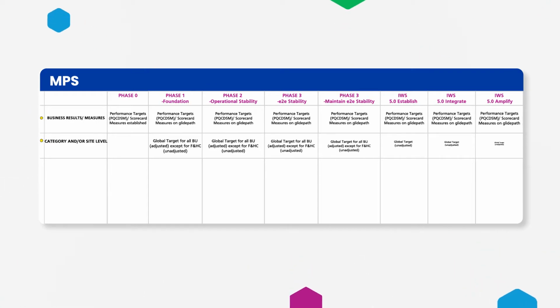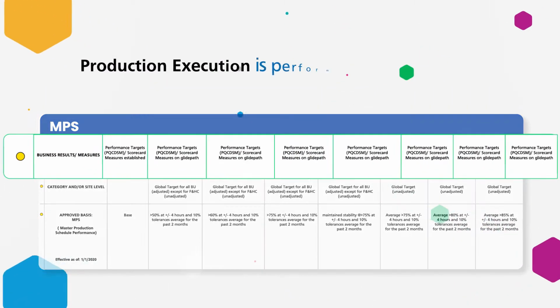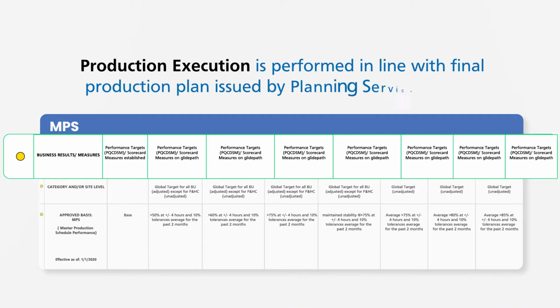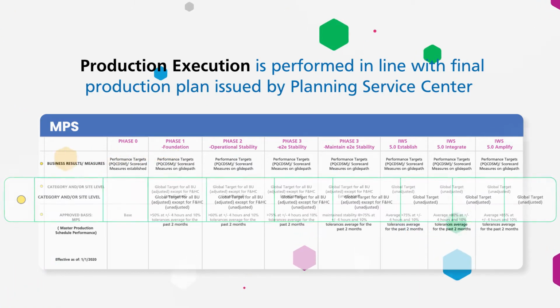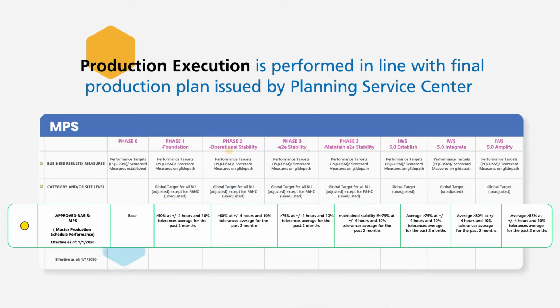The purpose of the Master Production Schedule DMS is to ensure that production execution is performed in line with the final production plan issued by the Planning Service Center as executable in line with POSS rules and Site IWS phase tolerance as per category targets, both timing and quantity for each run of the SKU at line resource level.